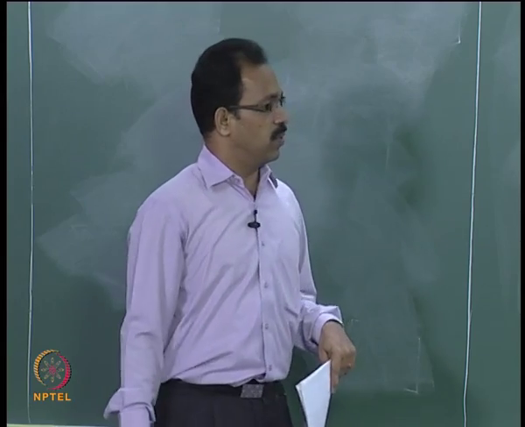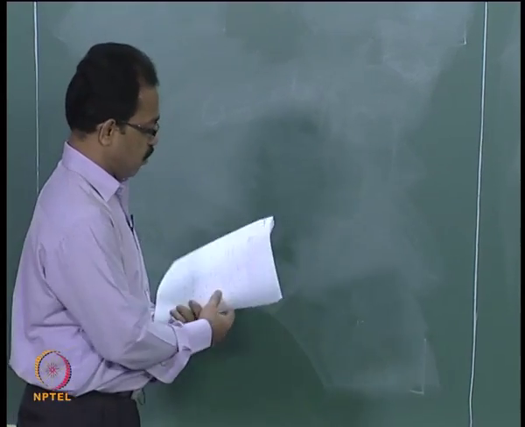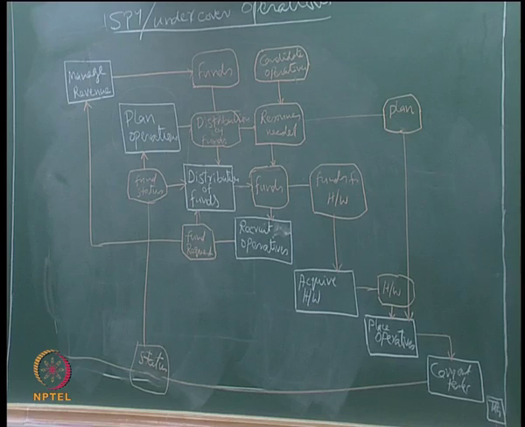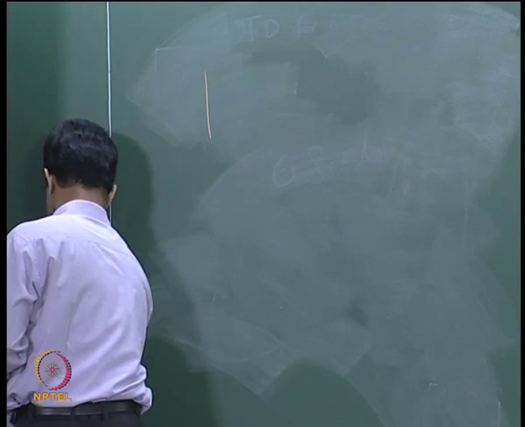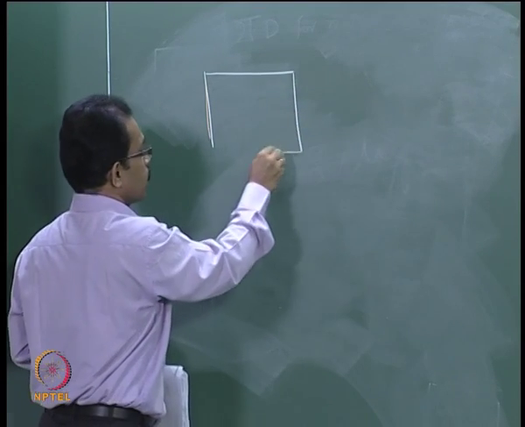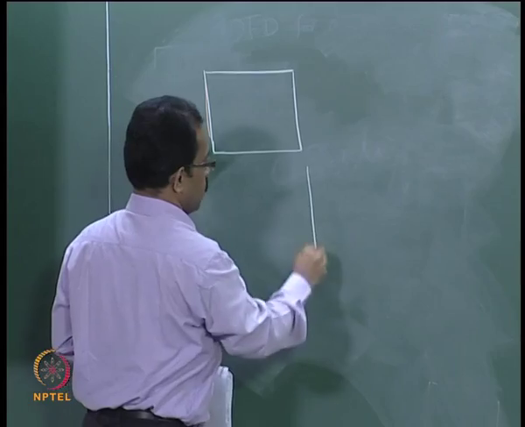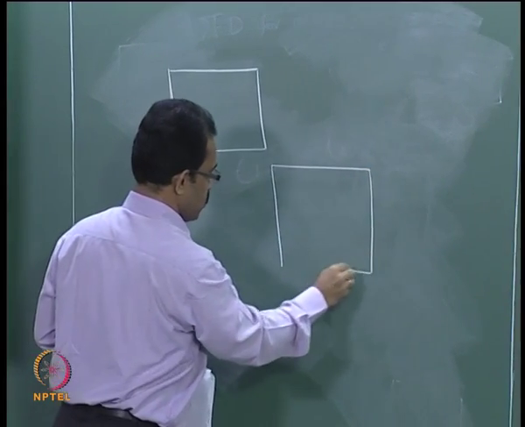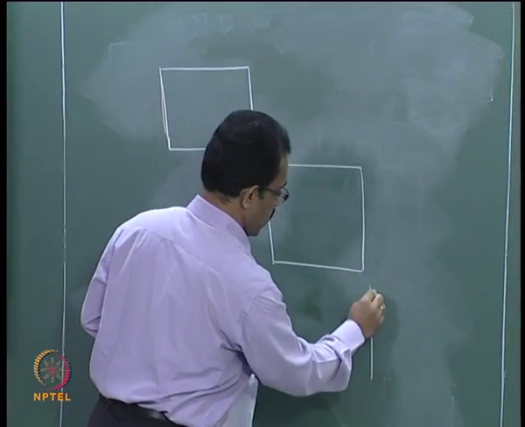So if you represent them in a very simple format, you can see that this can be represented by three functions. We can represent it by three main functions or main entities.